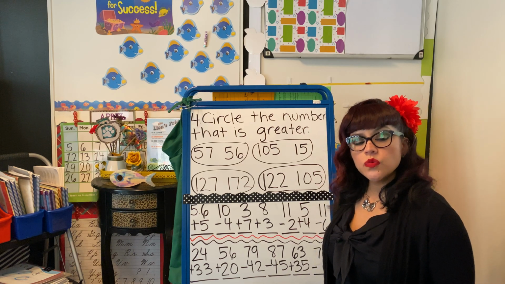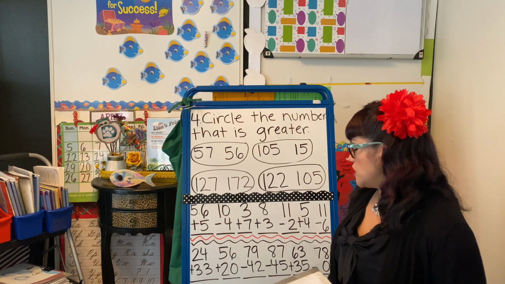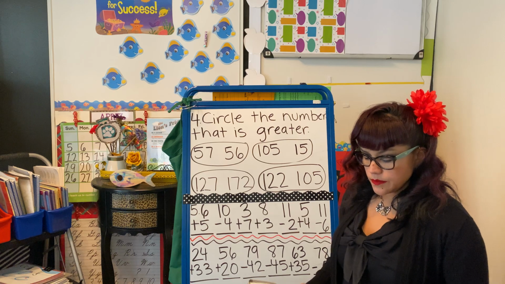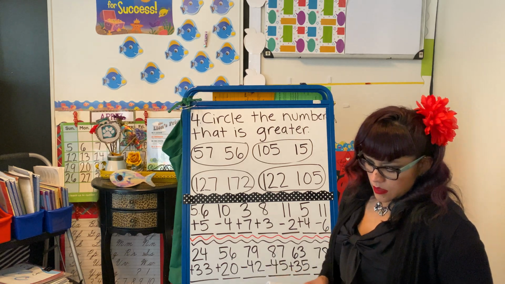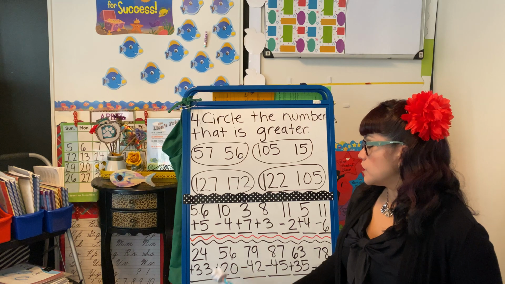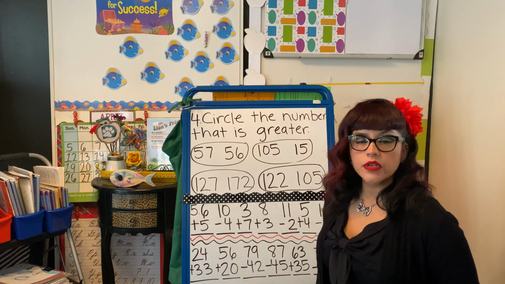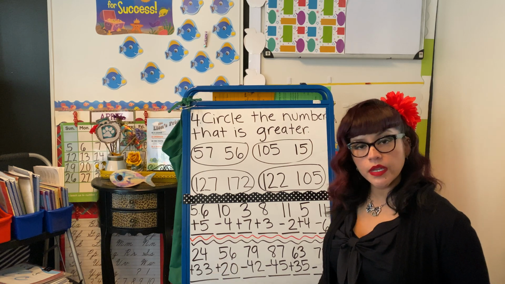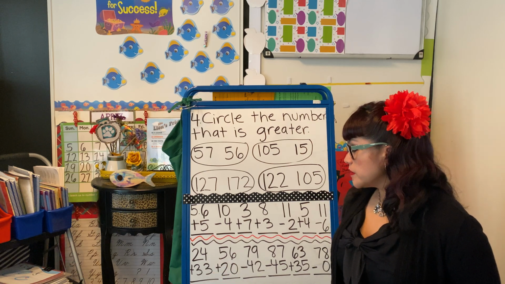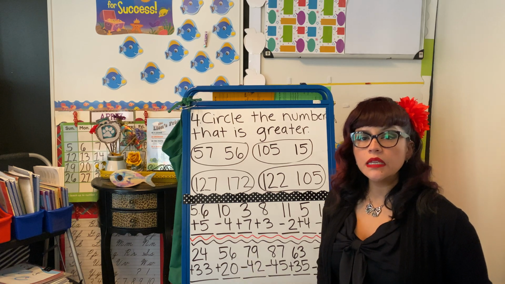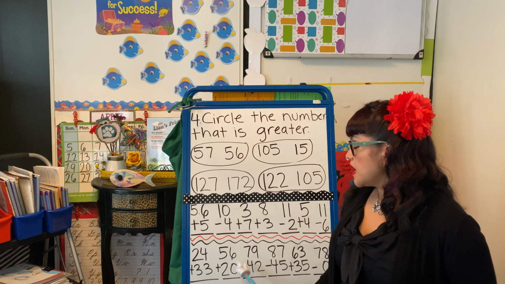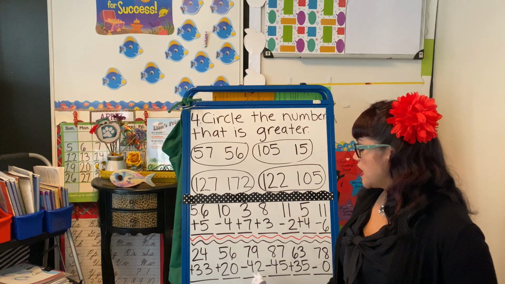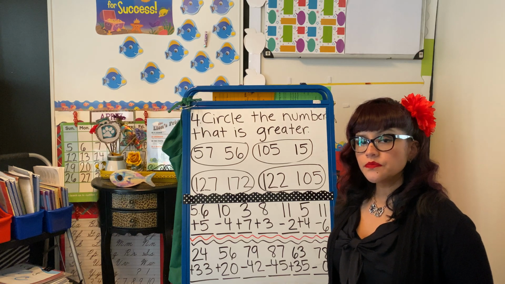Now we have to work on 2-digit addition and subtraction problems. Go ahead and write 24 plus 33 as your first problem. The next problem is 56 plus 20. The next problem is 79 minus 42.